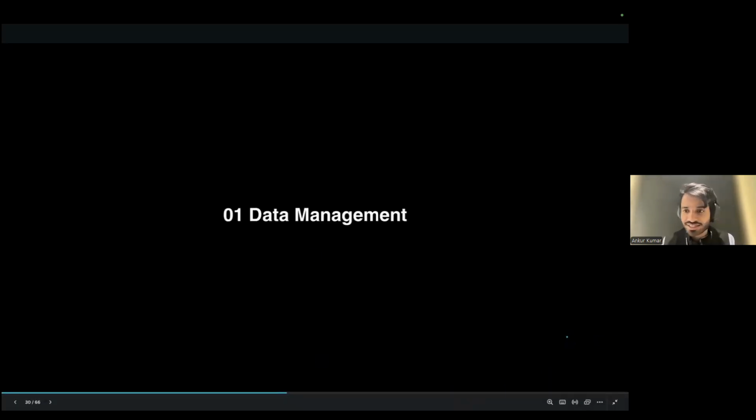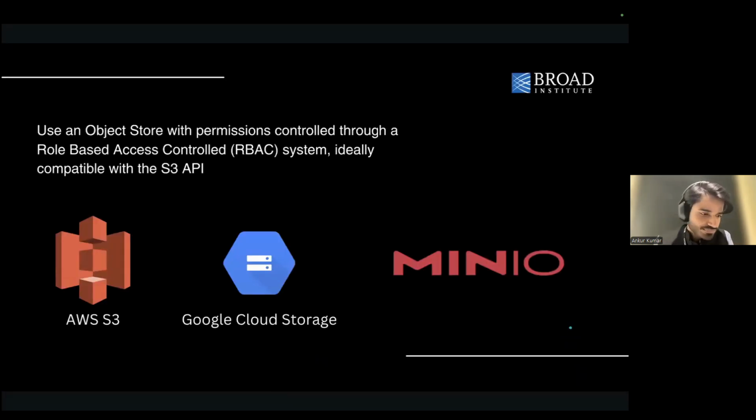Okay, so the first one is the data management part of it. Our first recommendation, whenever you're building your systems, as a data store, use an object store with permissions controlled through any role-based access control system, and ideally it should be compatible with the S3 API.